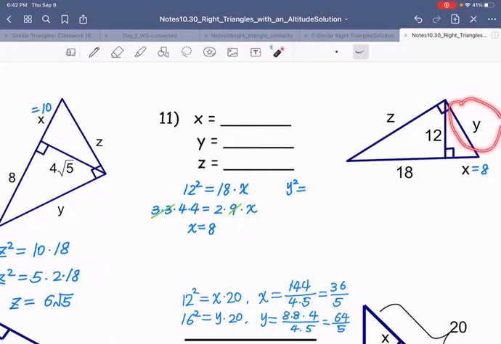This guy square is this guy times this guy, really? You can see this guy is here times the whole thing. Oh, y squared is 8 times 24.